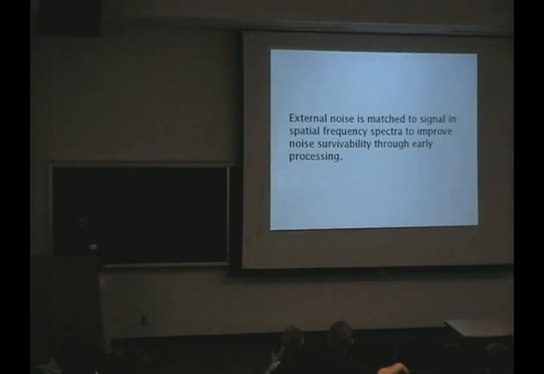Now, you notice we add noise to the stimuli. The external noise is added in such a way that it matches the spatial frequency spectrum of the stimuli. The reason we do this is so that the early visual system will have a harder time, not necessarily very hard, but just a harder time, separating this noise from the signal, and so the noise still has its impact as it moves down the processing stream.